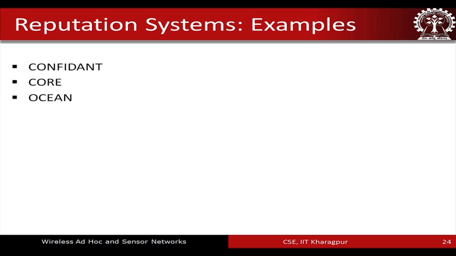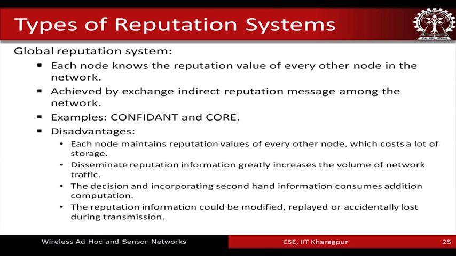Specific examples of protocols belonging to this class of systems are CONFIDANT, CORE and OCEAN. All of these three are acronyms. The corresponding full forms are not given here, but these are well known by these acronym names.